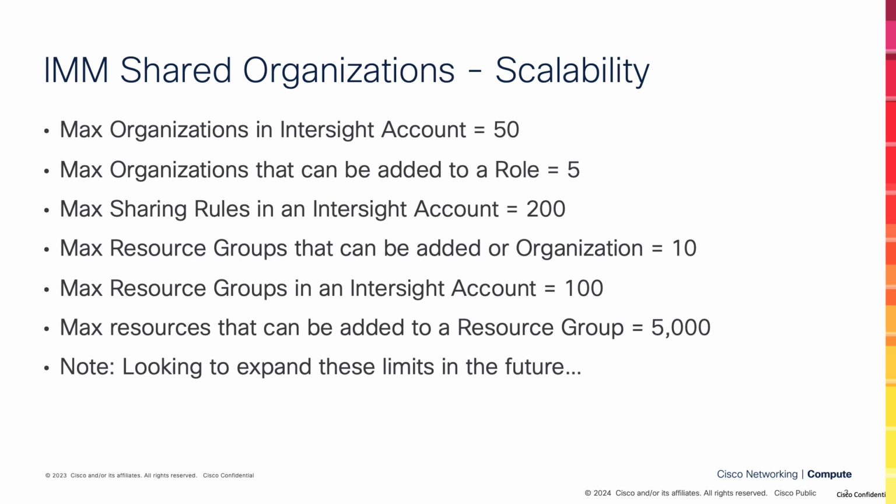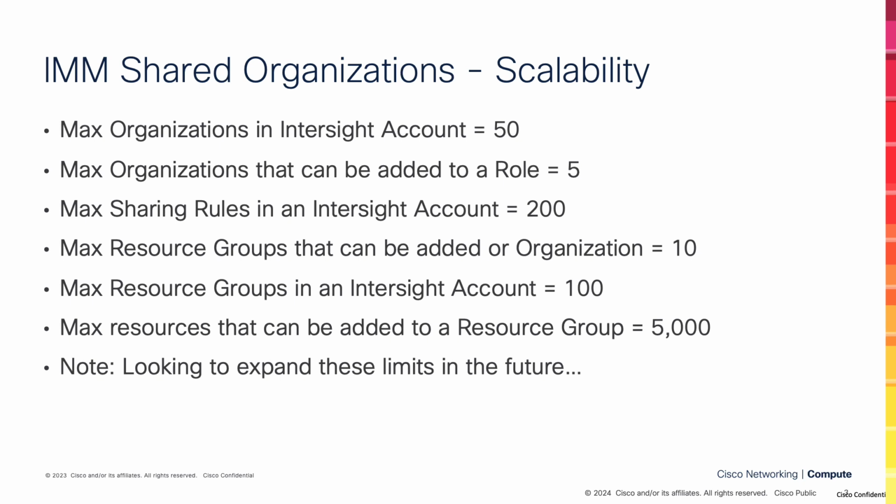The max sharing rules between a shared org and any adjacent target destination orgs is 200. The max resource groups that can be added to an organization is 10. The max resource groups in an Intersight account is 100. Max resources, like servers, that can be in a resource group is 5,000.